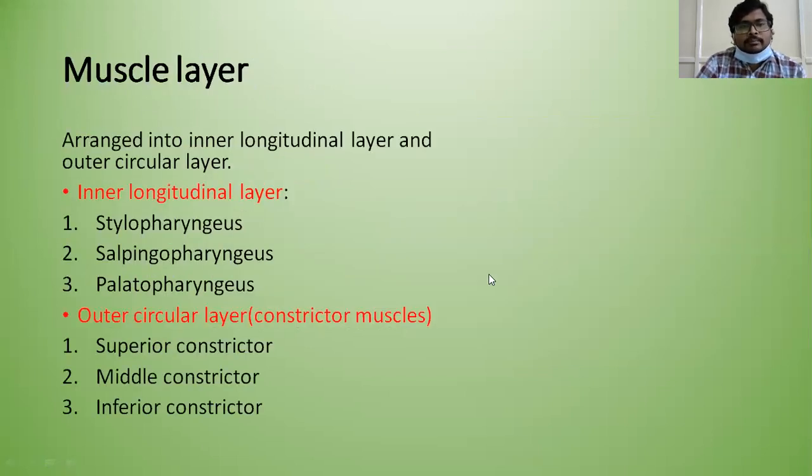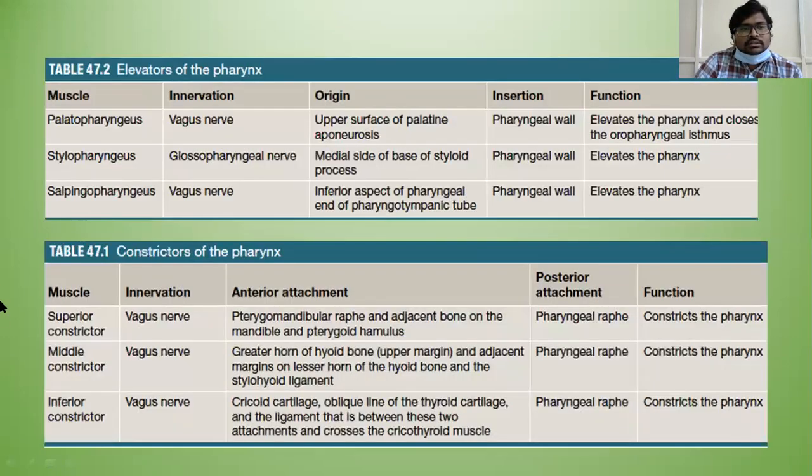Now coming to the muscle layer. Within the muscle layer, there are two kinds of muscles, that is inner longitudinal muscles and outer circular muscles. The longitudinal muscles are palatopharyngeus, stylopharyngeus, and salpingopharyngeus.